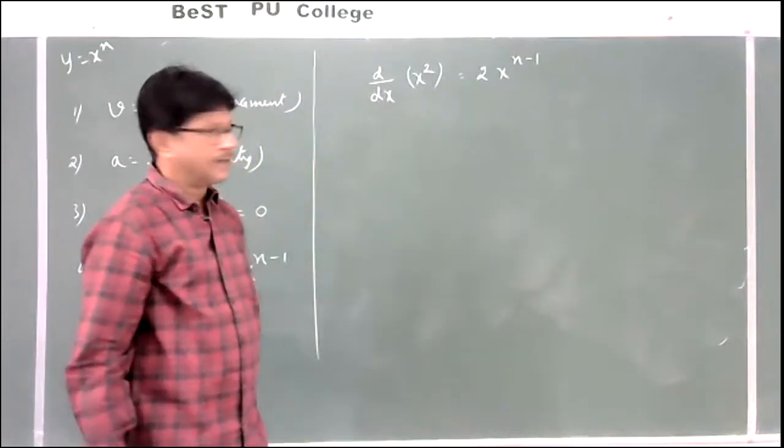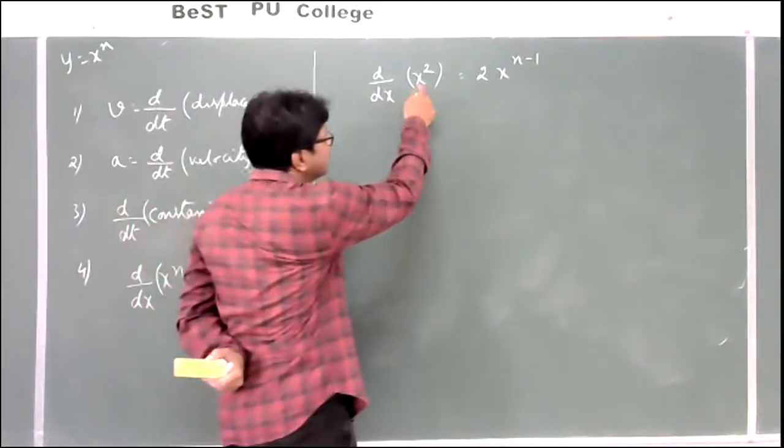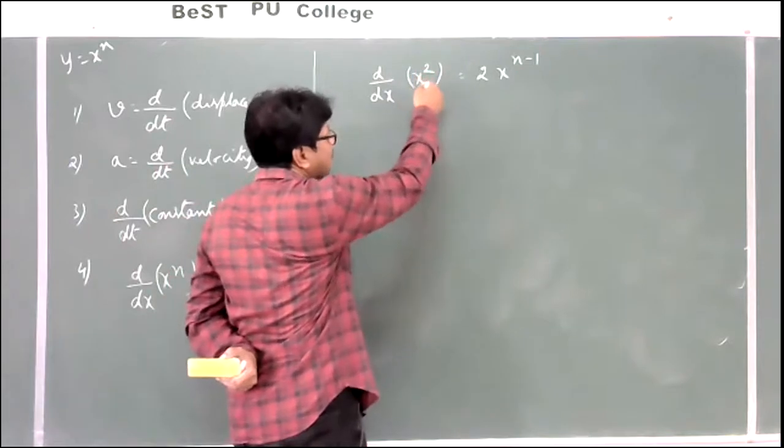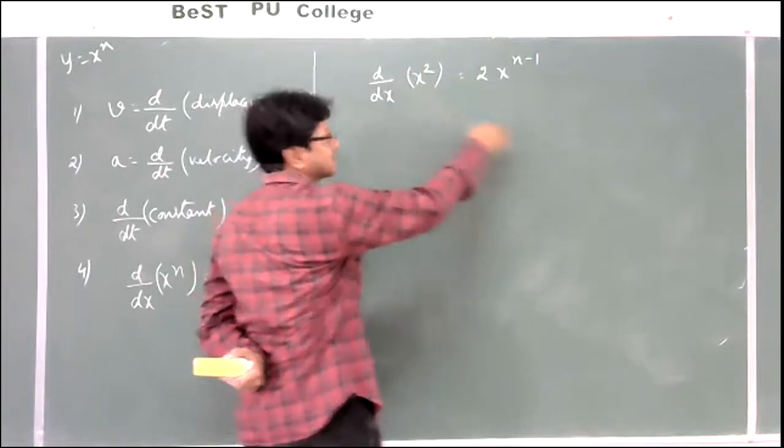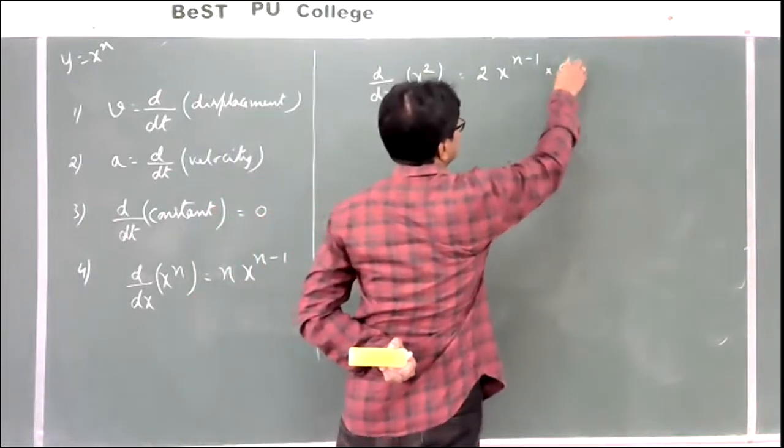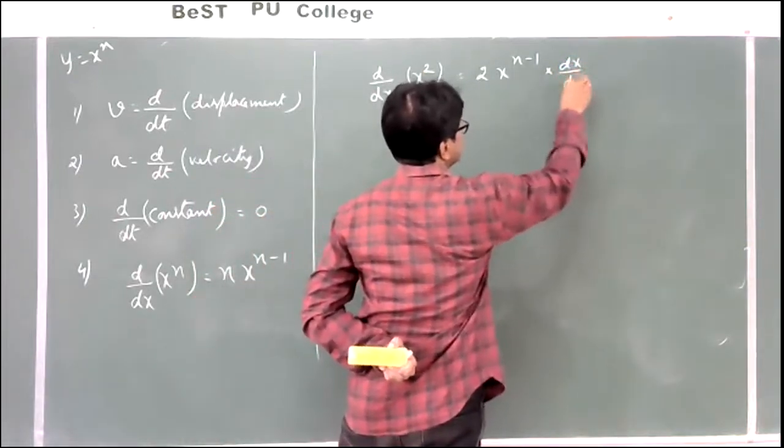Then this x is the variable again, so we have to differentiate this x, which is dx by dx.